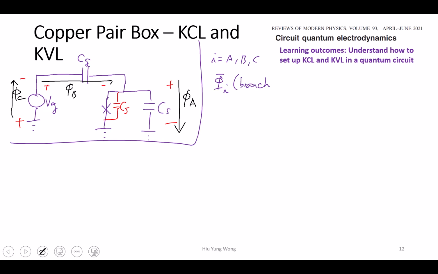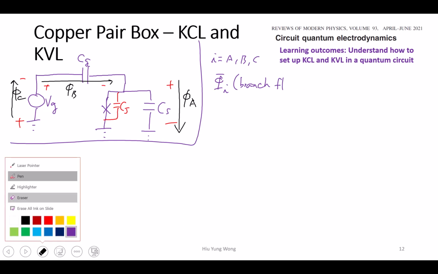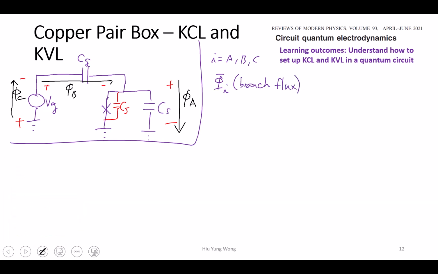It's not the flux that you have in the magnetic field. But you already see that, for example, across the Josephson junction, I have the flux that is due to the difference of the phase times the magnetic flux quantum, right? So this is a definition: branch flux. This makes sense because we define it as the integration of the voltage across it as a function of time for each branch.